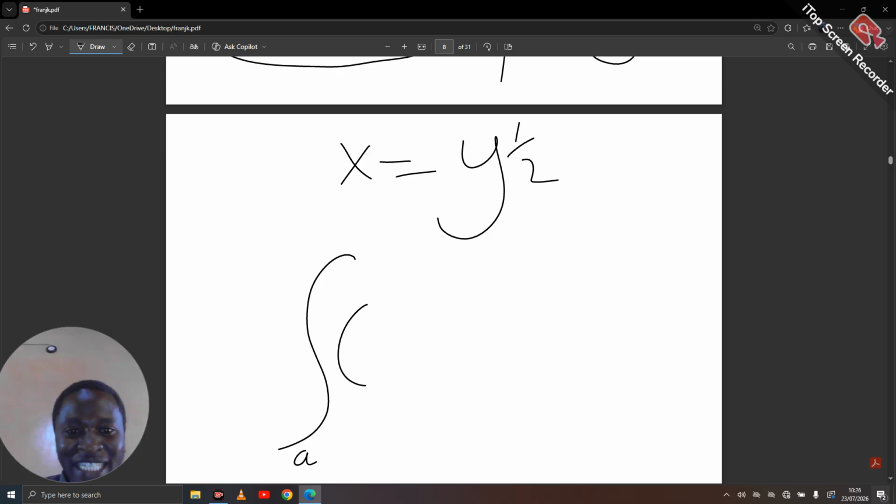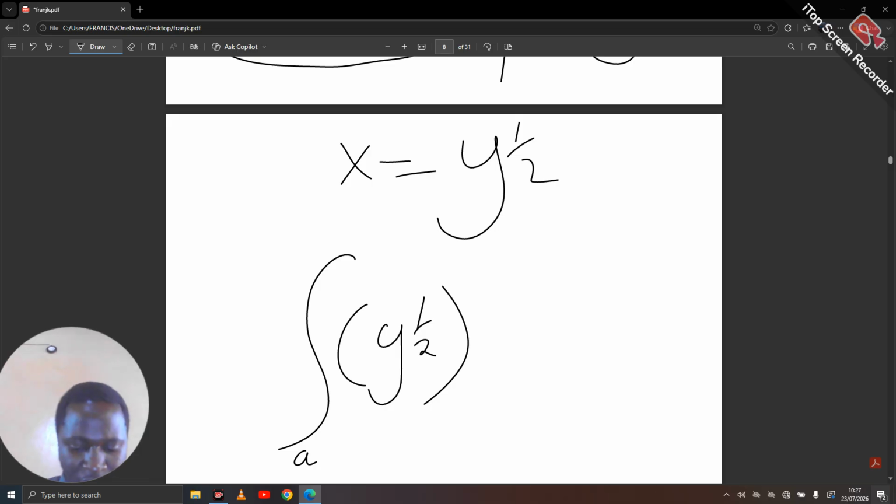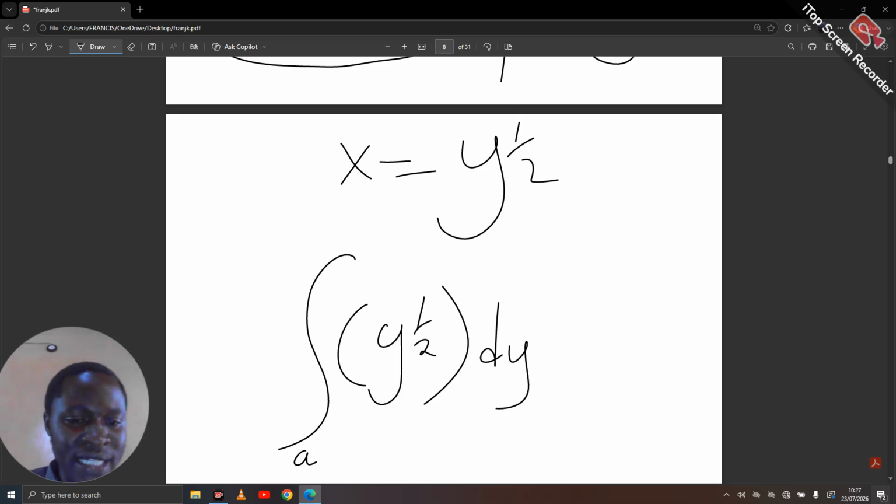What are we integrating? We are integrating y power a half dy. Now you don't put dx because the values you will be obtaining, that is a and b, are from the y-axis. So here we are integrating y power half dy all the way to b.